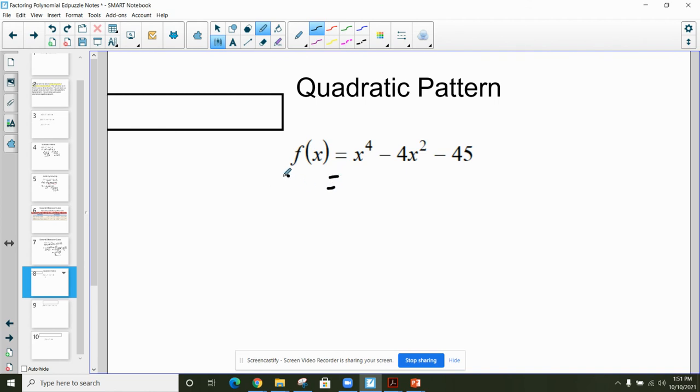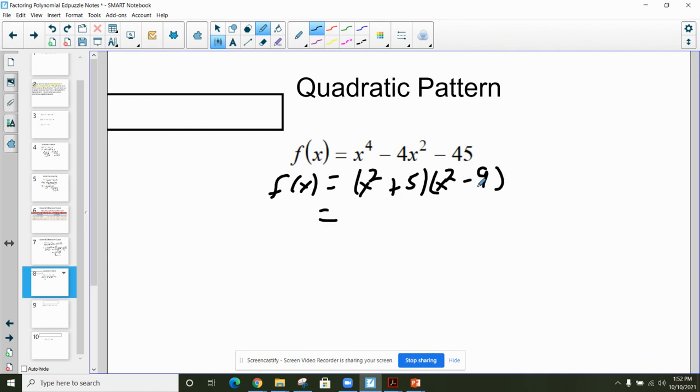All right, so I'm going to get my 2 factors, knowing that in the first spot, it's got to be x squared and x squared because that multiplies up to x to the 4th. And then what multiplies up to negative 45 and adds up to negative 4? It's going to be negative 9 and positive 5.